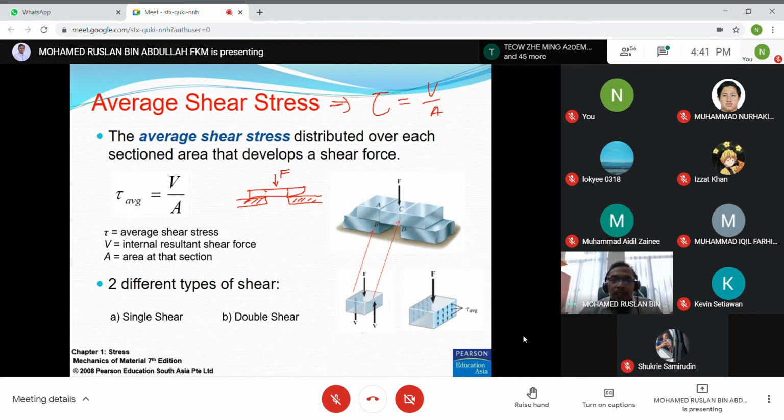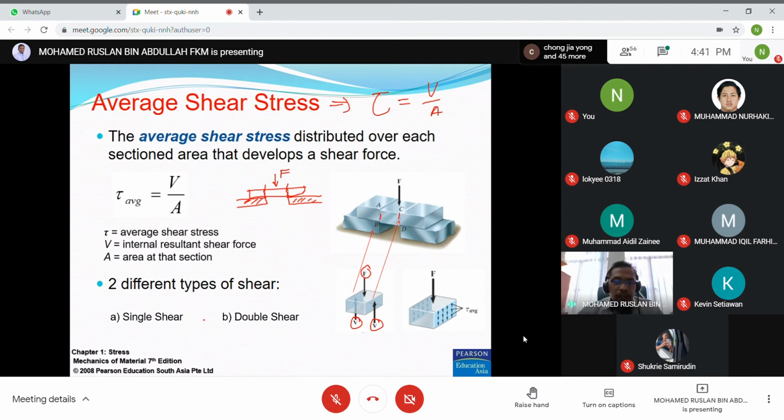This is the line of the failure. V is the shear force, and F is the external force. From here we can measure the average shear stress.